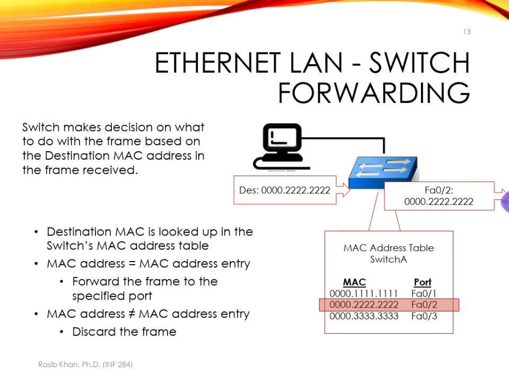So the switch forwards the frame onward through that port. The basic logic here is that the destination MAC address is looked up in the MAC address table, and the frame is forwarded. If there's no entry, it doesn't do so.